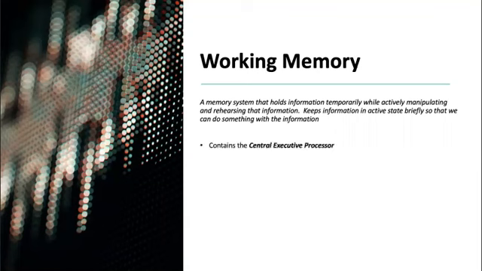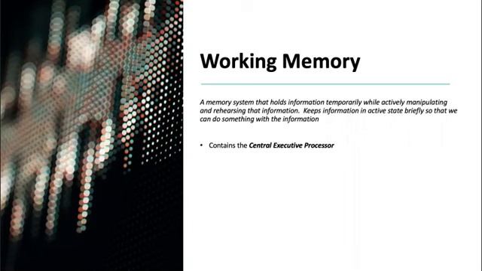Now, current researchers assume that the working memory is made up of several parts, containing what they call the central executive processor. And this is responsible for reasoning, our decision making, and planning. So, the central executive determines what you're going to pay attention to.